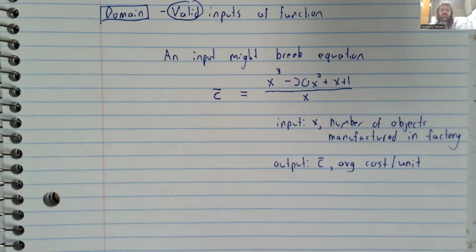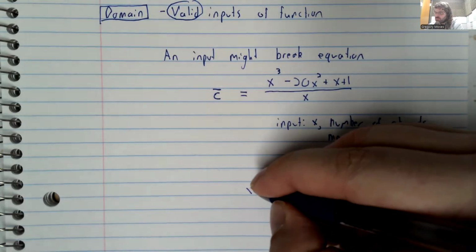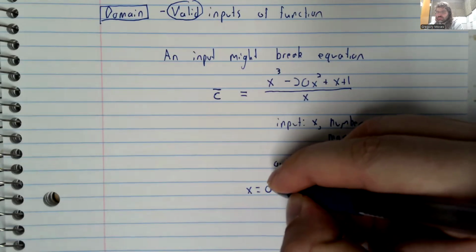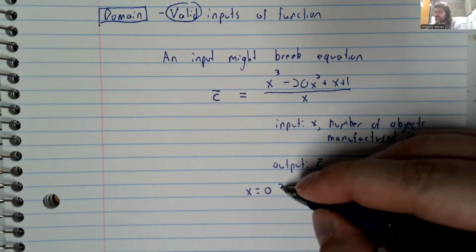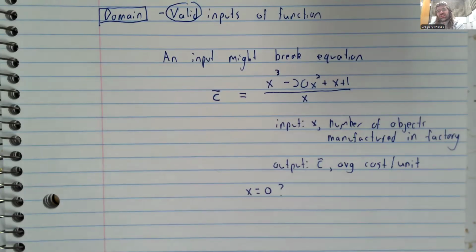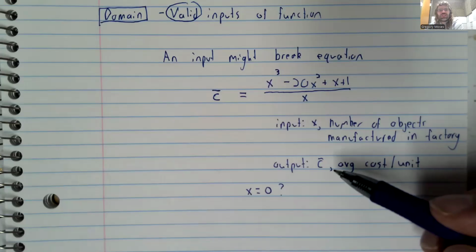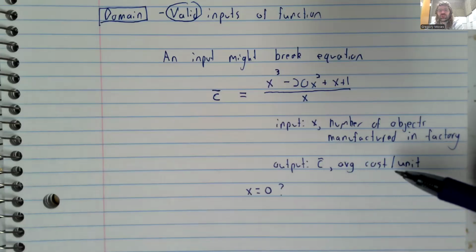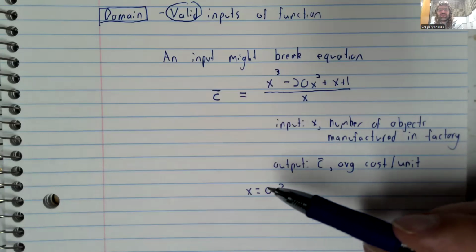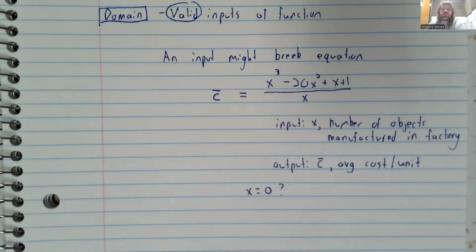So, when we just see these descriptions of the input and the output, maybe it's intuitively obvious that asking about the average cost per unit is incoherent if there are no units. But physically speaking, you can certainly have a factory that's shut down and doesn't manufacture anything.